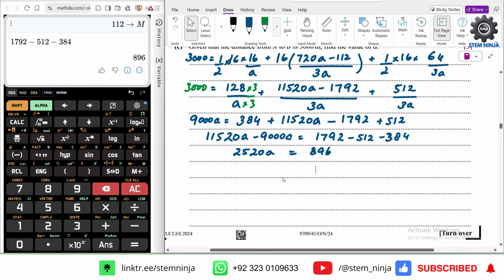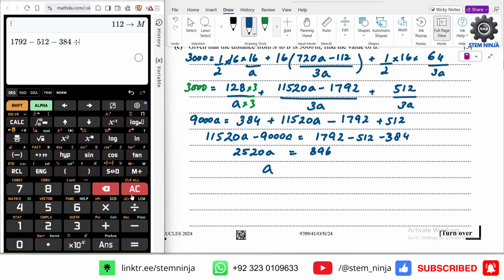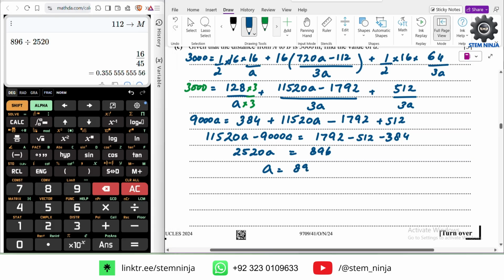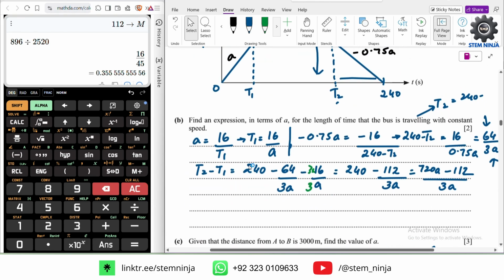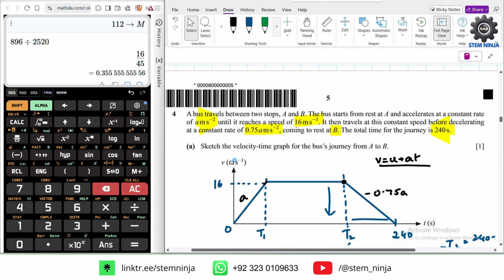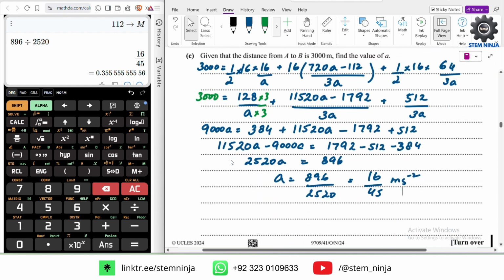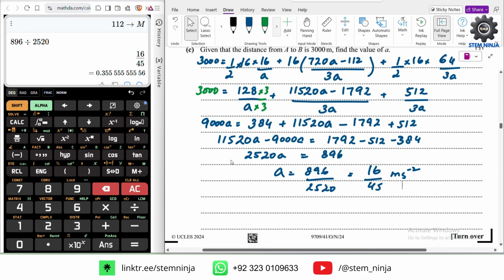So A would be 896 divided by 2520, so 16/45 meters per second squared. Right. So this is question number 4. On to the next question, number 5.